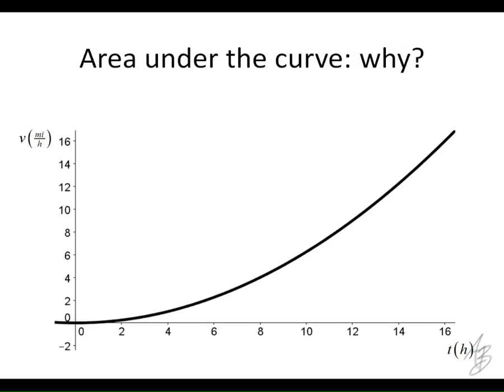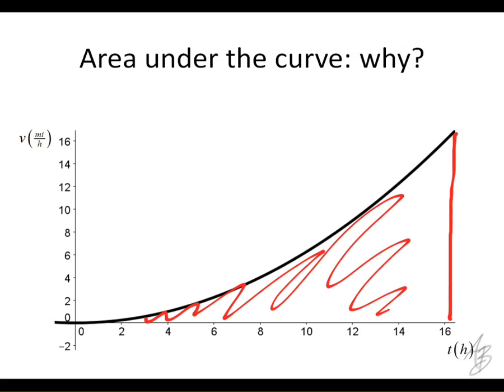If I tell you that the velocity of the car on this axis compared to the time that it's traveling on this axis is this graph, we looked at this graph already, then if I ask you how far the car travels in 16 hours, what we would want to find is that area there, the area under that curve, and that will tell you how far it went. So whether it's a rectangle like it was in the last graph or whether it's a curve like it is in this one, if we find that area, it's going to tell us the change in its position, how far the car went. Does that make sense?